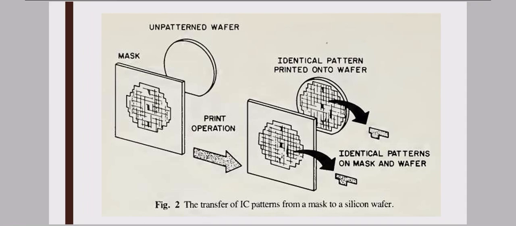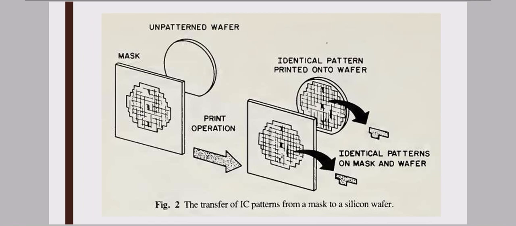So this is how there is a pattern on the mask, and it is transferred onto an unpatterned wafer. The mask is basically a blueprint which is very large in size, but as technology is reducing, the mask size is also reducing.